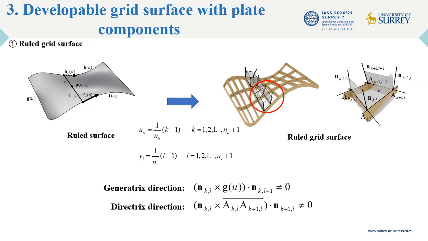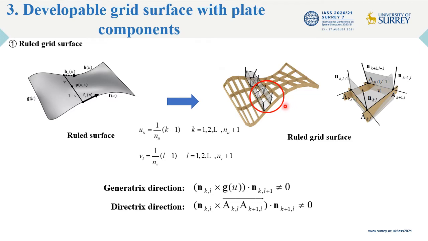This discretization can be achieved by appropriately segmenting in the generatrix and the directrix direction, given the number of grid divisions in the direction of U and V. First, on the ruled grid surface, the normal vectors of each node in the generatrix direction are not coplanar, as shown in this figure.